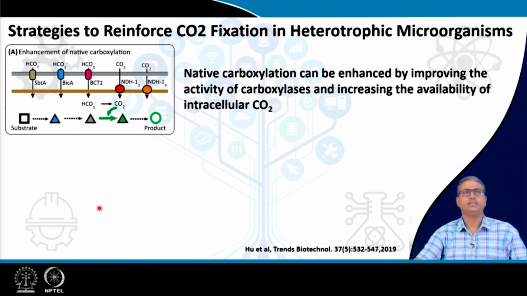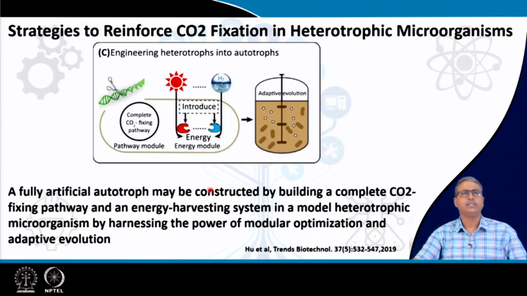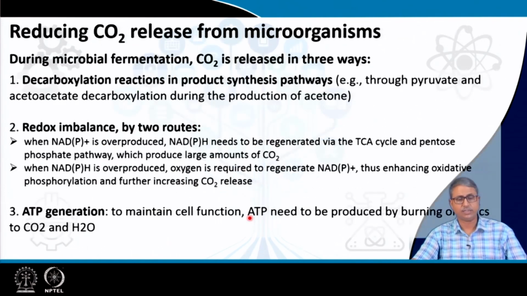One strategy could be native carboxylation, which can be enhanced by improving the activity of carboxylase and increasing the availability of intracellular CO2. The other could be building a CO2 fixing bypass efficiently, that will improve heterotrophic CO2 fixation, and the other one is a fully artificial autotroph, which may be constructed by building a complete CO2 fixation pathway and an energy harvesting system in a model heterotroph like E. coli, by harnessing the power of modular optimization, adaptive evolution and other approaches of metabolic engineering and synthetic biology.